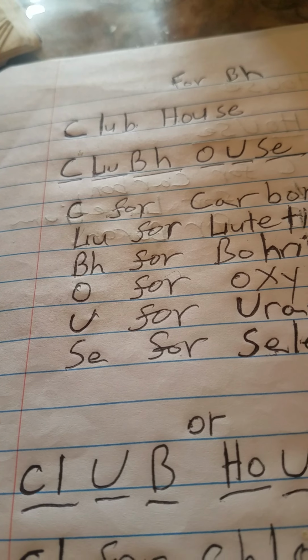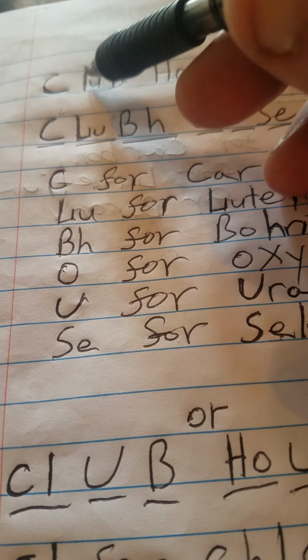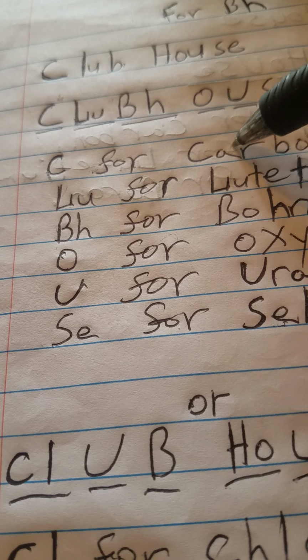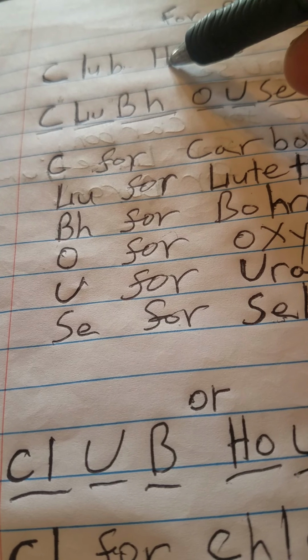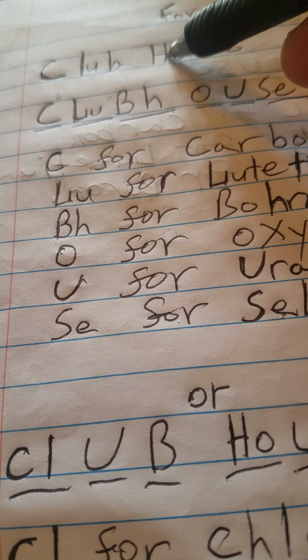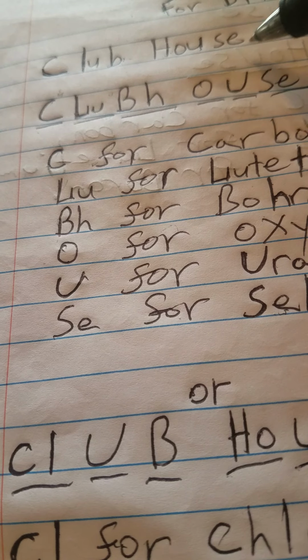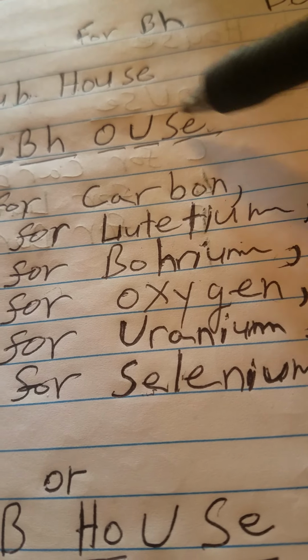Now, Clubhouse, you can break it down. In the beginning, take a capital C, then take a small l and make it a capital L and a small u. Then take a small b and put a capital B, and take the capital H from house and put a small h after the B. Then you've got the capital O, capital U, and a capital S and a small e for house.